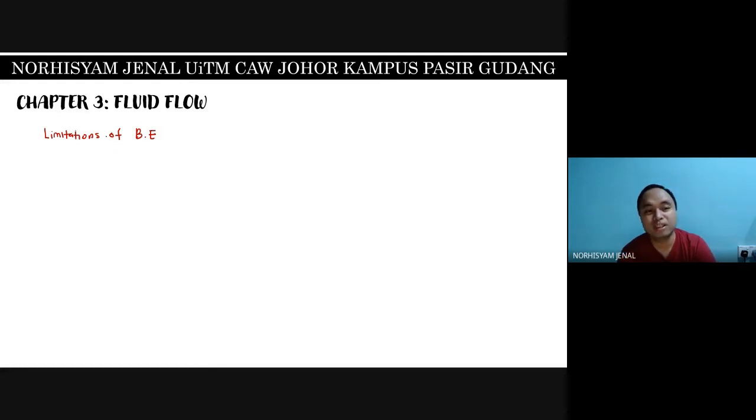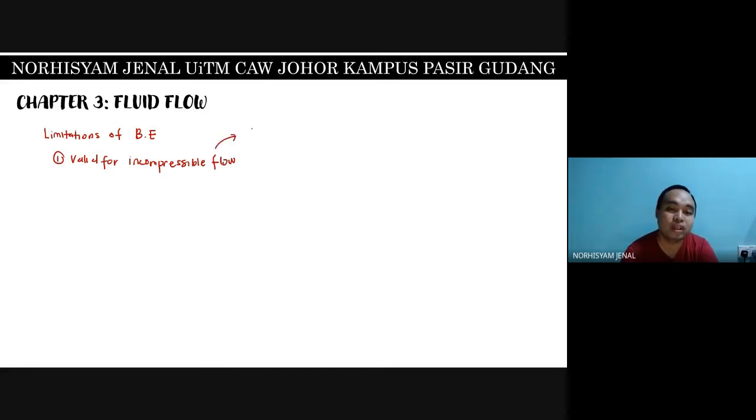Okay, what does it mean by limitations of BE is the study of Bernoulli equation, number one, can only be valid for incompressible flow. I believe this is one of the questions in the online quiz. So what does it mean by incompressible flow?